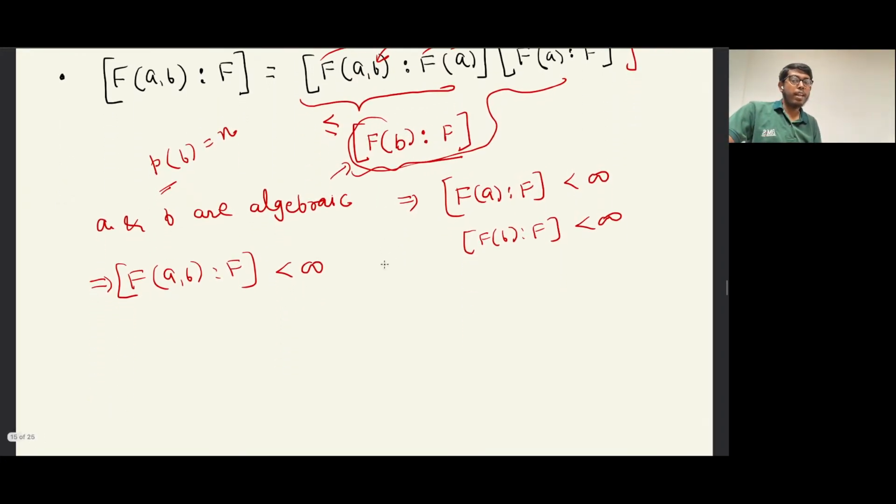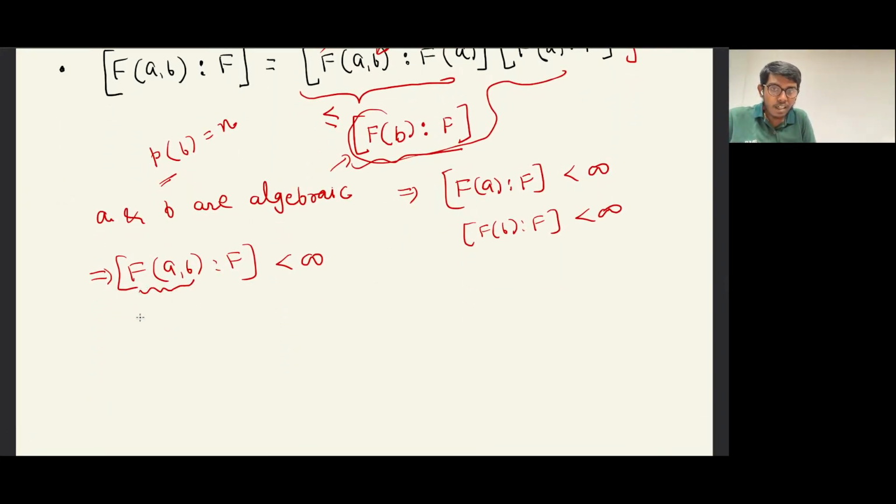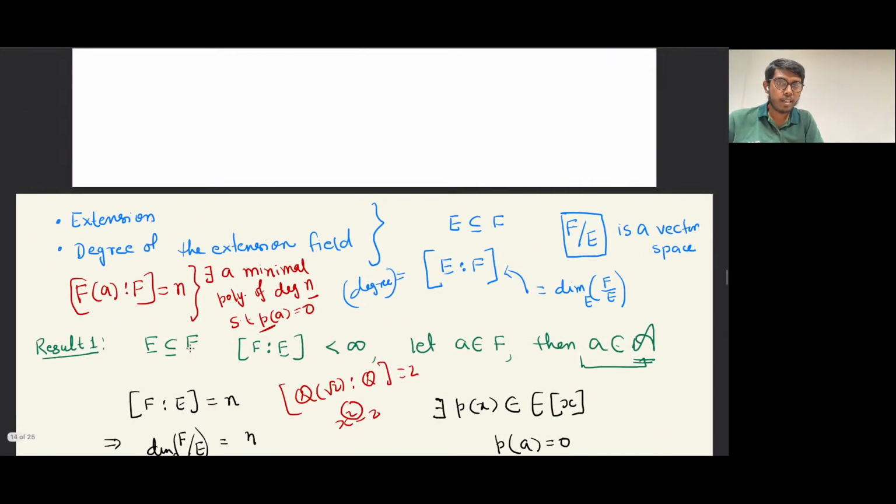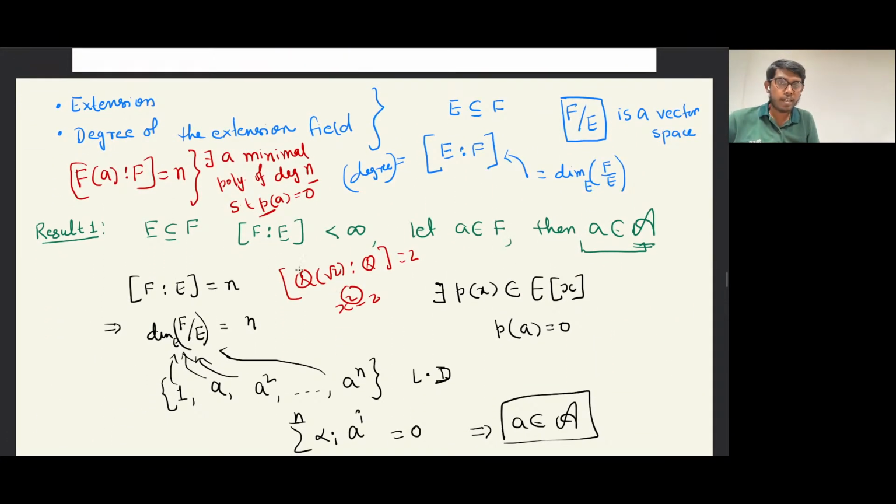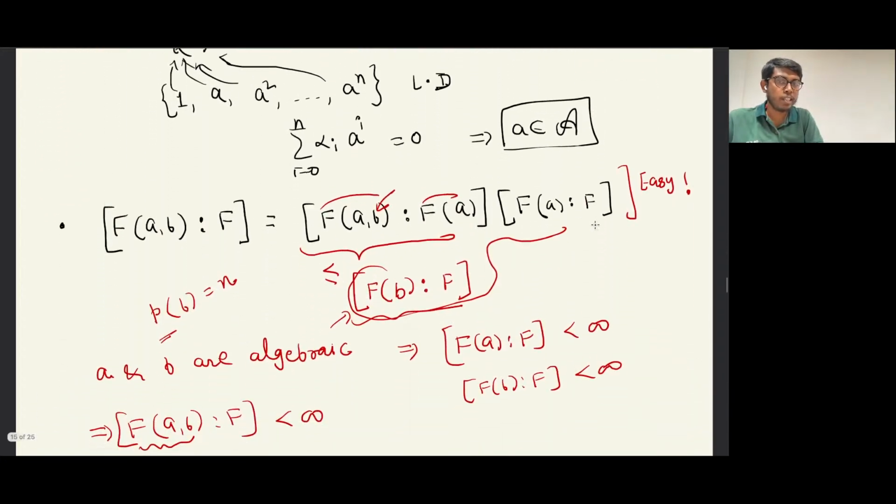Now you see that this contains a, b, a plus b, a minus b, a times b, everything. And from the first result that I proved, if the degree is finite, then each element is an algebraic element.